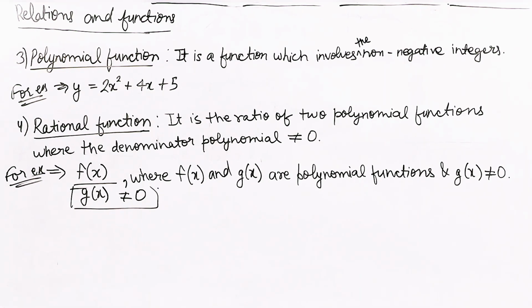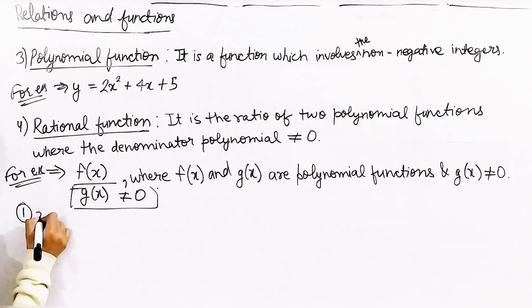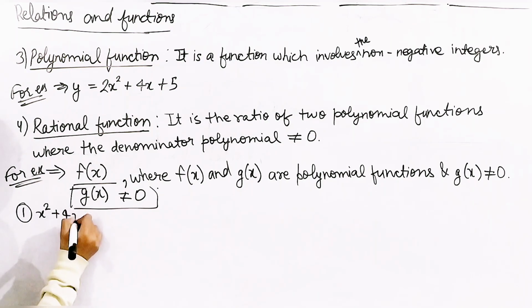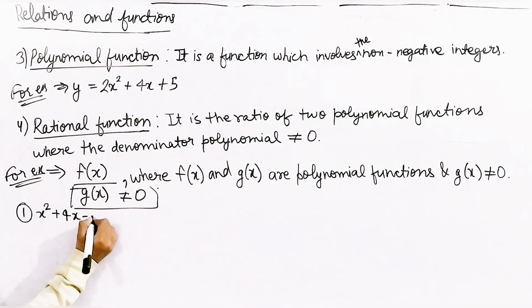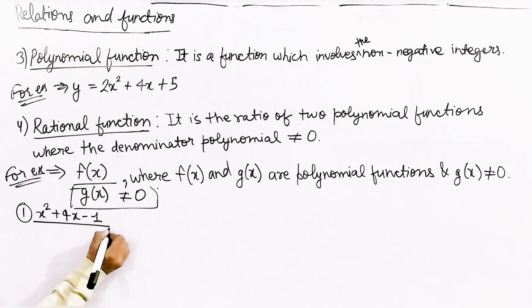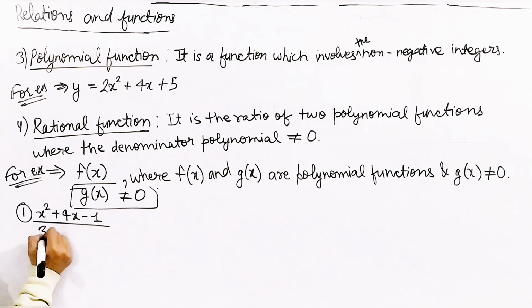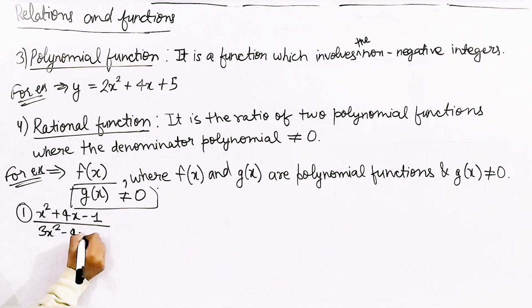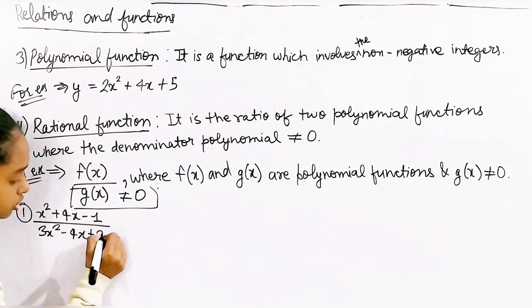And if I talk about rational function in graph form, a few examples: the first one I can say is x squared plus 4x minus 1 upon 3x squared minus 4x plus 2.